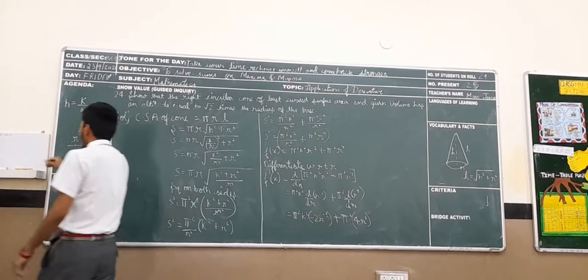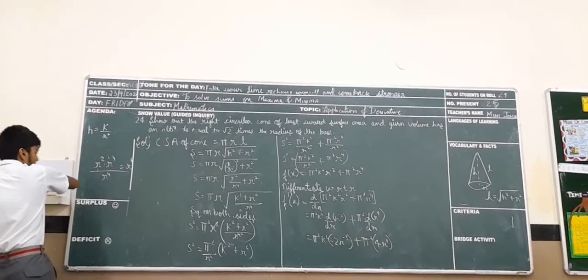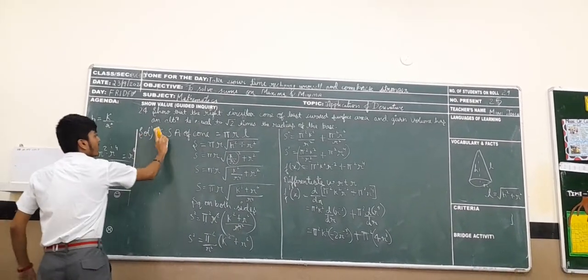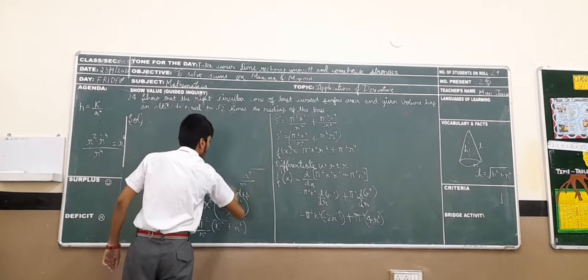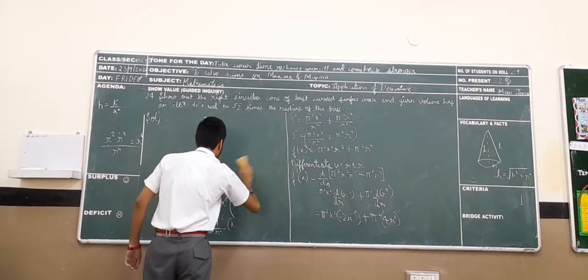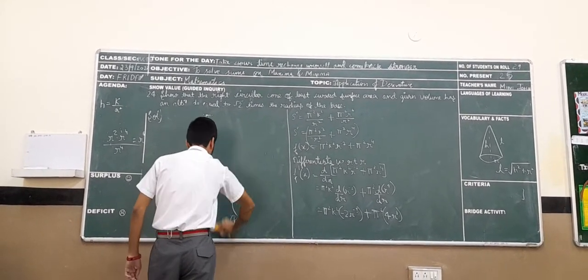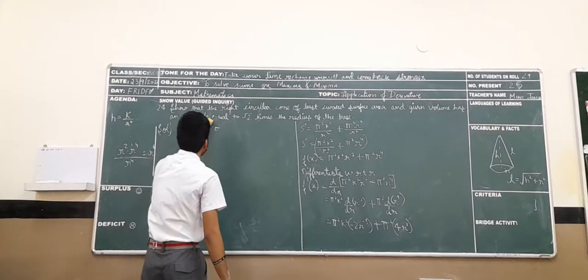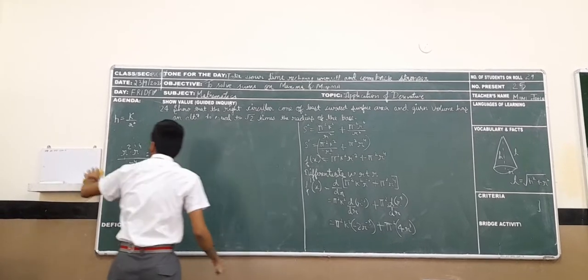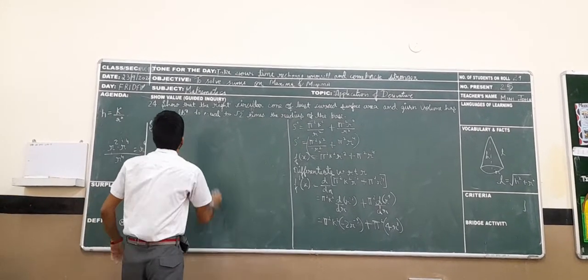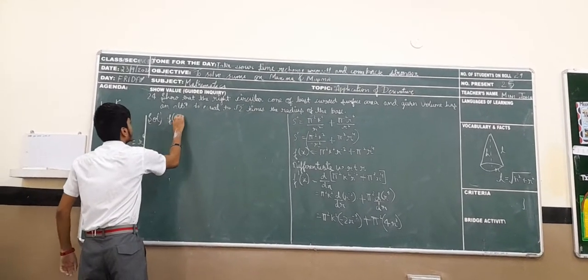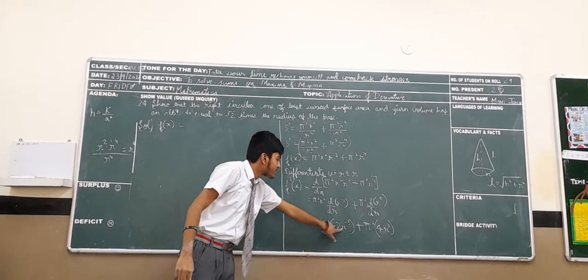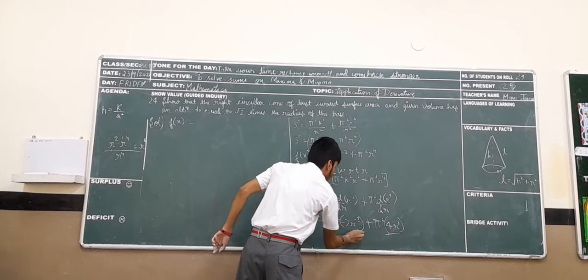Now we will multiply. So f dash of x is equal to, we will multiply this term and we will multiply this term also.